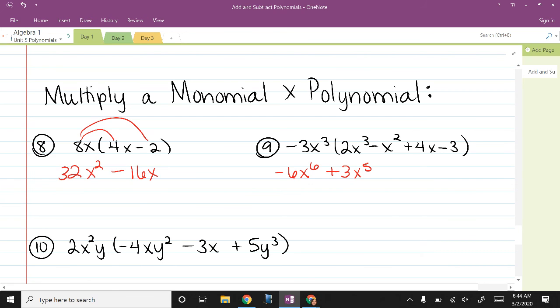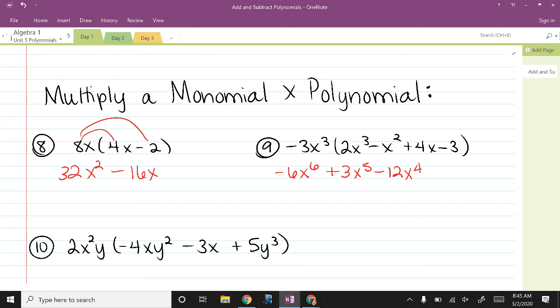All right, then we go to this term. What's negative 3 times 4? Negative 12. And then what's x to the third times x? X to the 4th. Very good. And then what's negative 3 times negative 3?